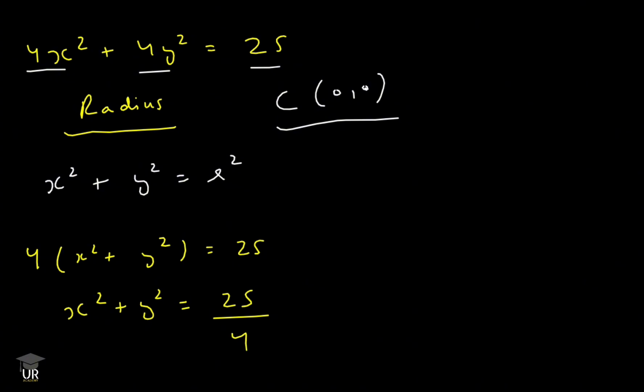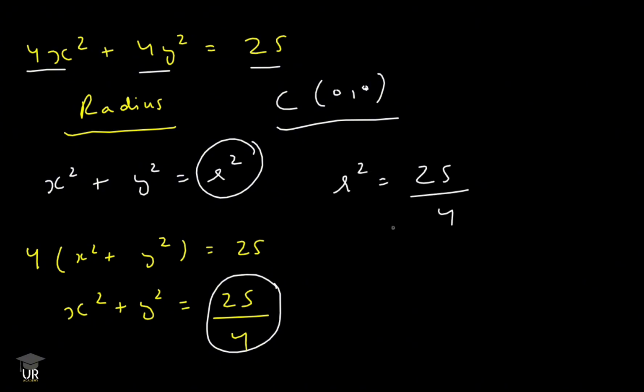So now if you can note that here is your r square and here is your 25 upon 4. So this r square equals 25 upon 4. Rest of the equation is same.